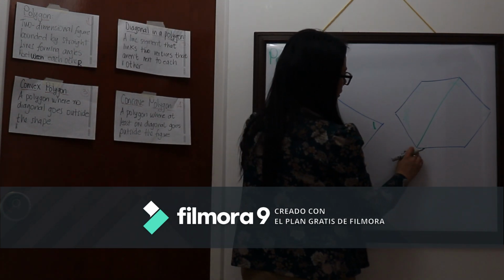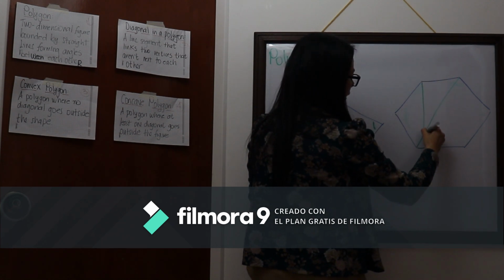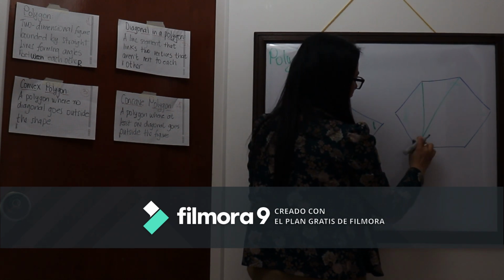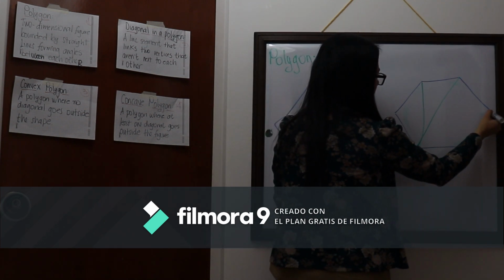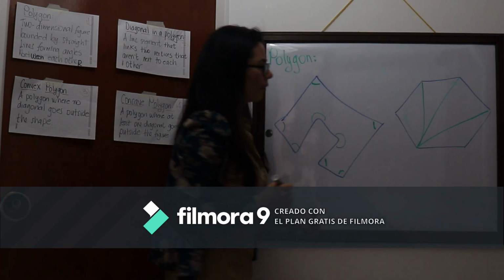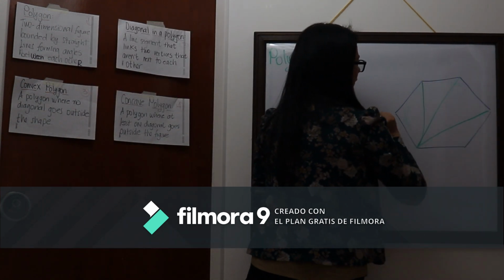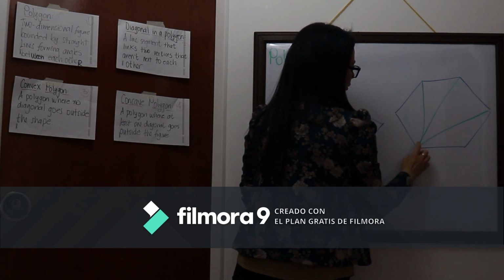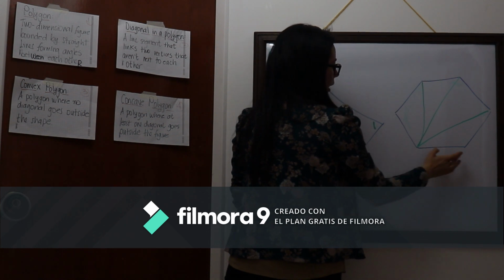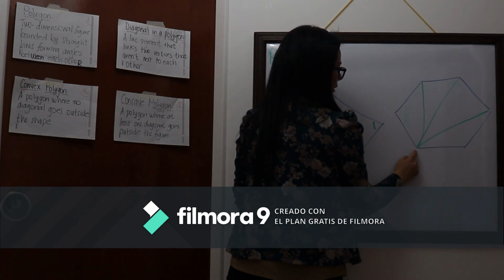So this vertex over here is going to be able to make one more diagonal over here, sorry, right? And then it's also going to be able to make another diagonal over here. Why? Because these 3 vertices are not next to this vertex. Think about these 2 vertices: these 2 vertices are next to this vertex over here.